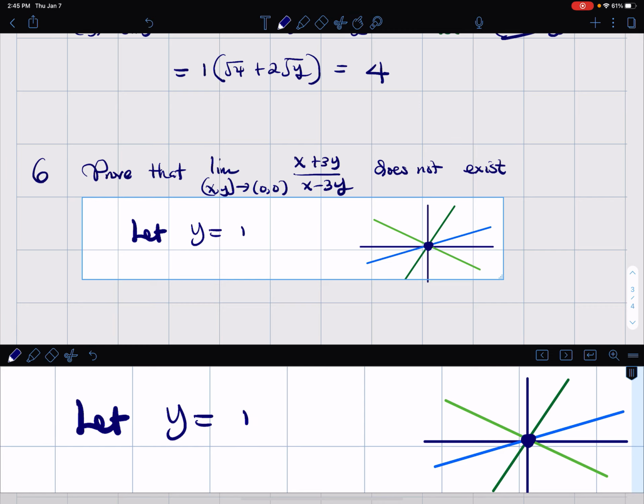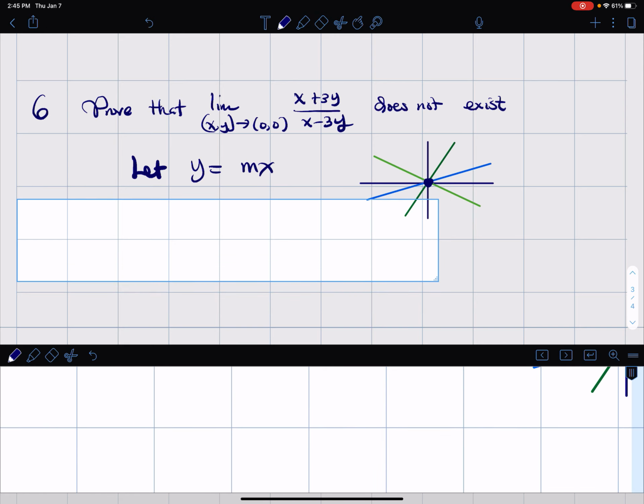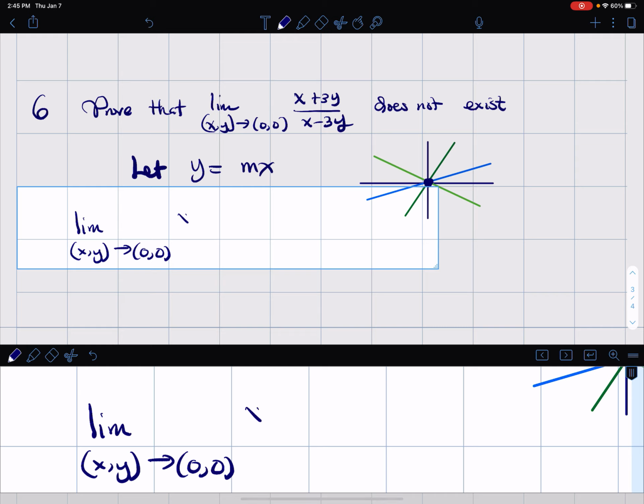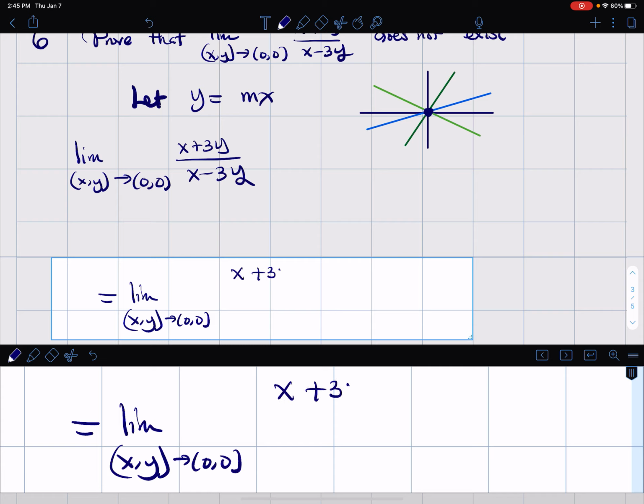So these lines are y equals mx. Let y be equal to mx. I go to my problem and rewrite everything in terms of m and x. So we're looking for the limit as (x, y) goes to (0, 0) of x plus 3y over x minus 3y. This now becomes the limit as (x, y) goes to (0, 0) of x plus 3mx, because y is mx, over x minus 3mx.